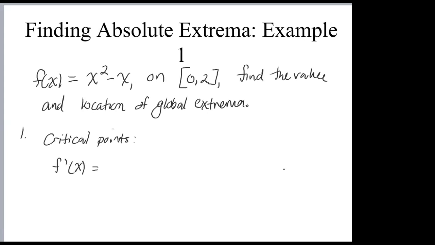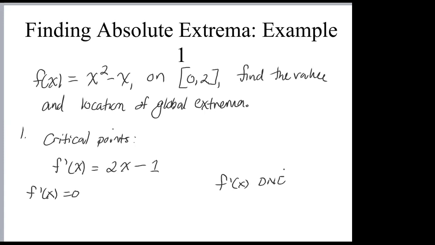I have a function f above, so I can take the derivative of it. The derivative of x squared is 2x, minus the derivative of x, which is 1. Critical points occur where f prime of x is equal to 0 or where f prime of x does not exist.